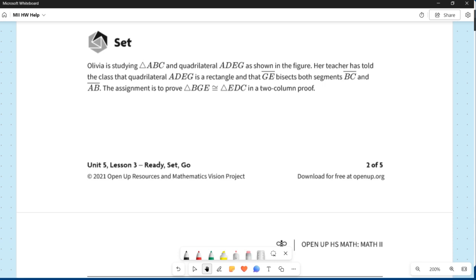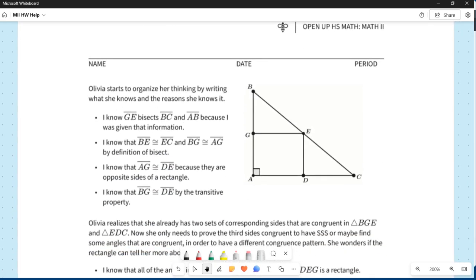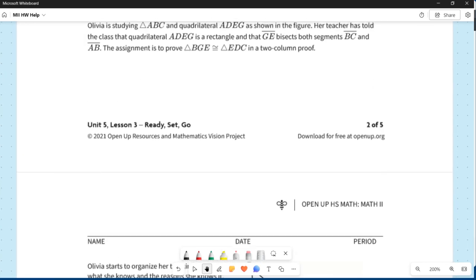Olivia is studying triangle ABC and quadrilateral ADEG as shown in the figure. We'll be doing a lot of back and forth here, but we've got our picture here. We've got a triangle and a quadrilateral in this picture.